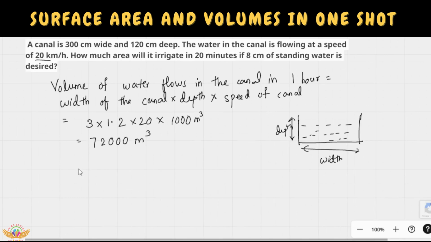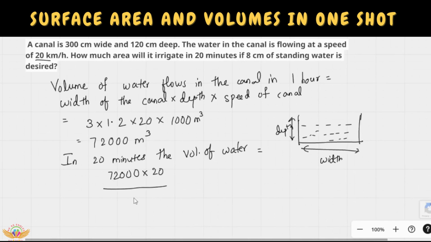So done. Now in 20 minutes. So now in 20 minutes, the volume of water is equal to 72,000 into 20 divided by 60.